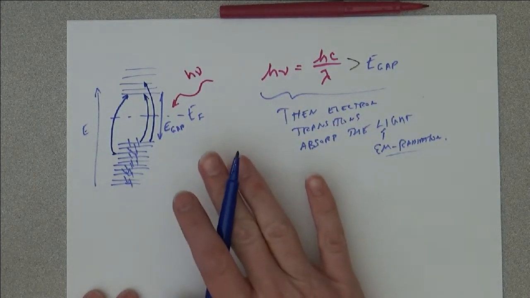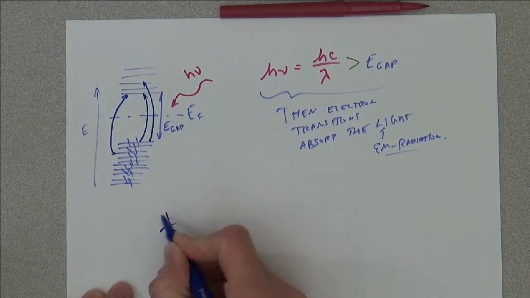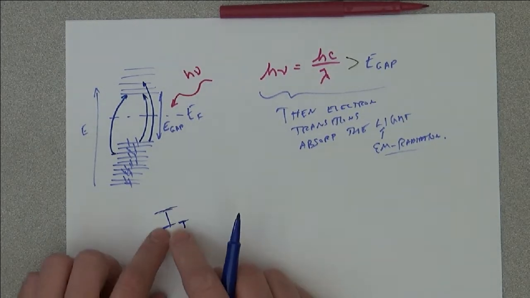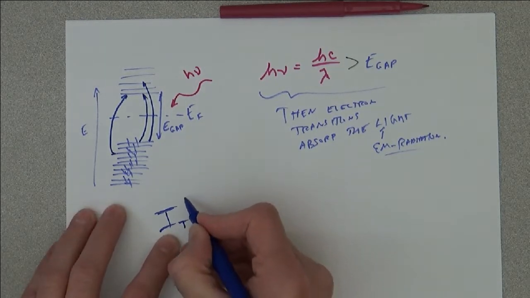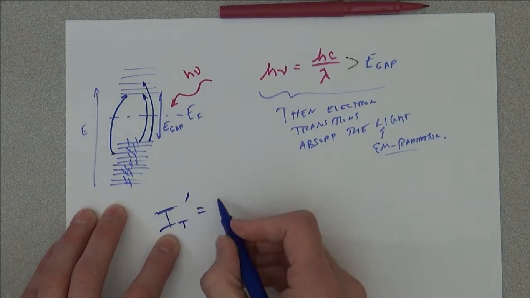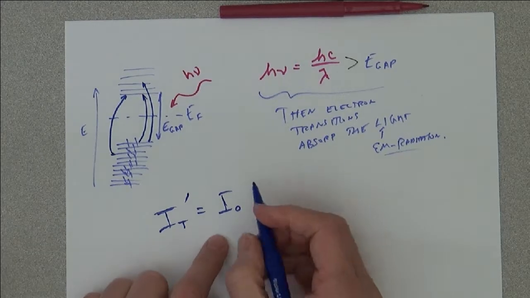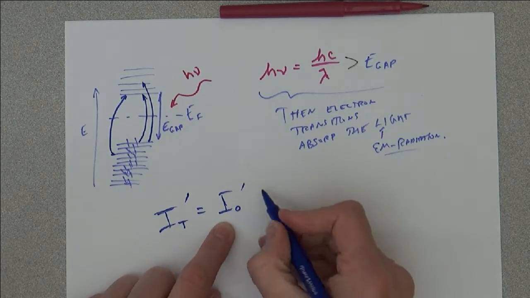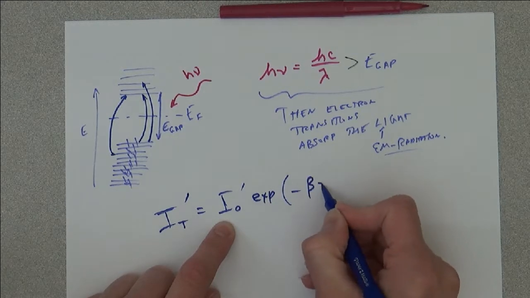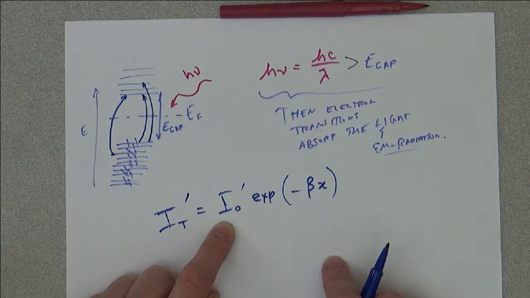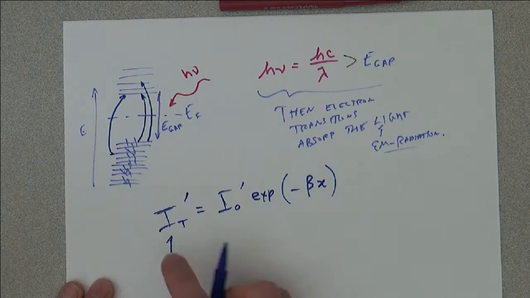Now, when we quantify this and we want to express it, we can talk about the intensity of the transmitted light in terms of the incident light times exp negative beta x. So this is the intensity transmitted minus the reflection.